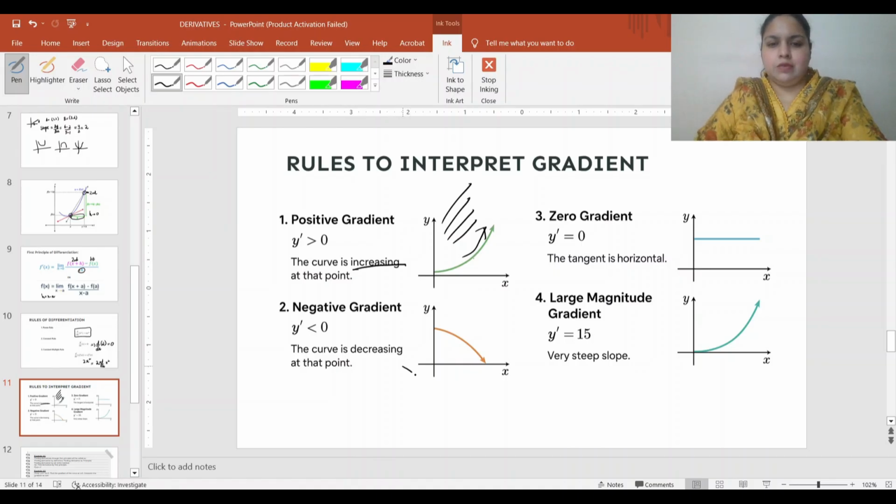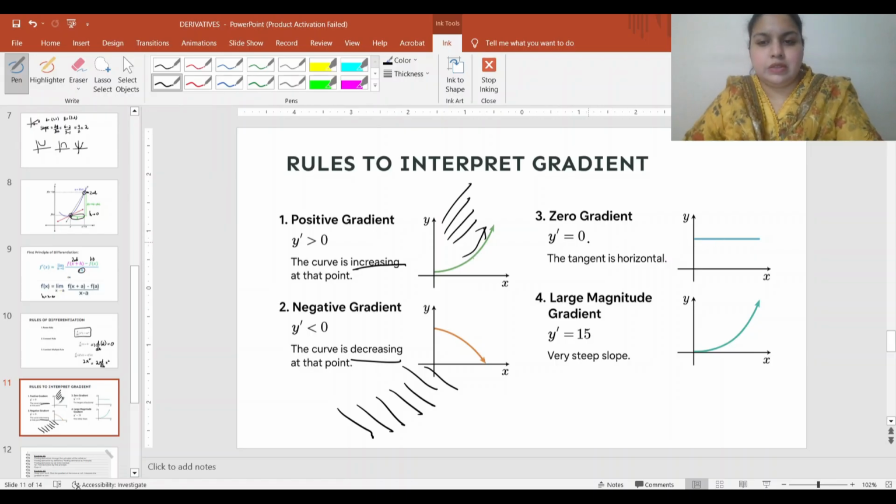And if it is the downward form, all these are negative gradients, so that means it is decreasing. If it's a straight line, then its derivative is always 0. And a large magnitude means very steep slopes. Okay.